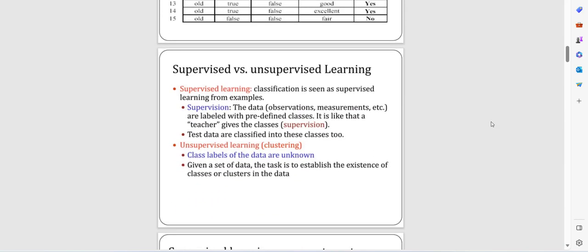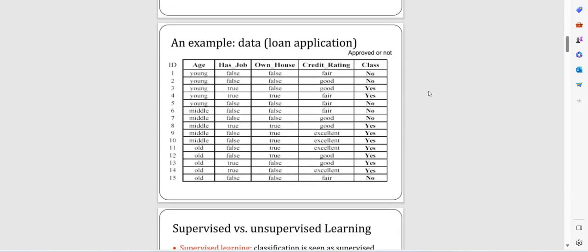Okay, this is how it works. Supervised learning classification is seen as supervised learning from examples: supervision from the data, observations and measurements. We are doing the supervision from the data, and then we are classifying the data between different classes. Here we have two classes: approved or not approved.